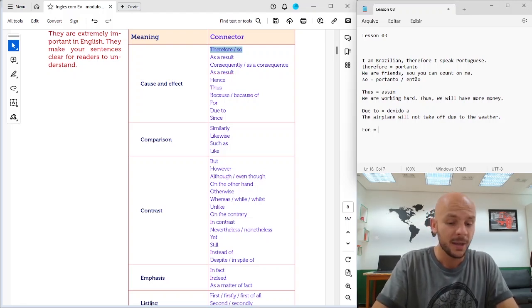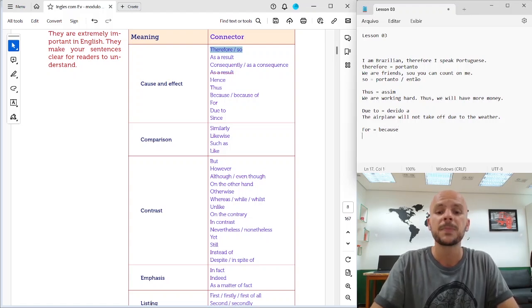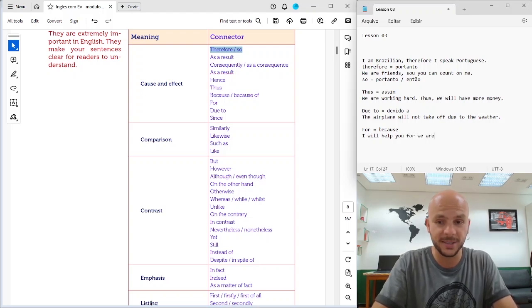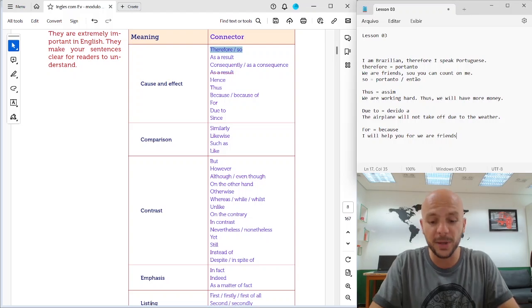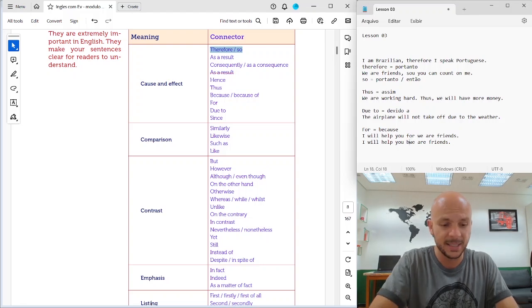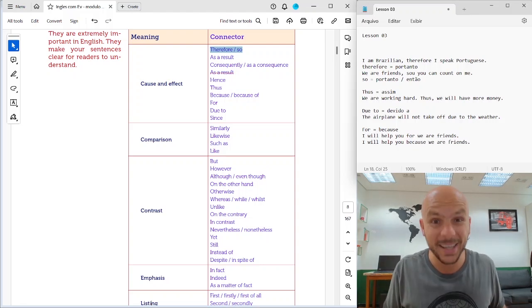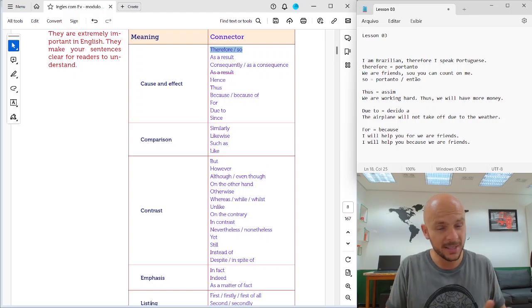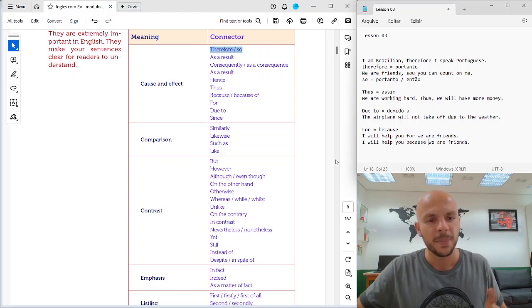For has the same use as because. I will help you, for we are friends. It is the same as I will help you because we are friends. So these are some connectors of cause and effect.